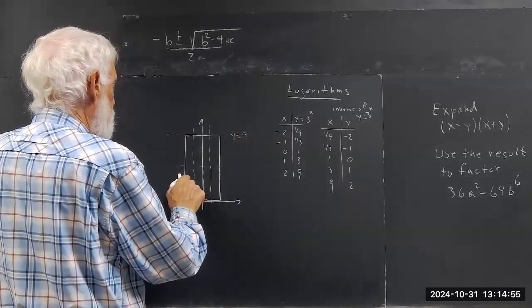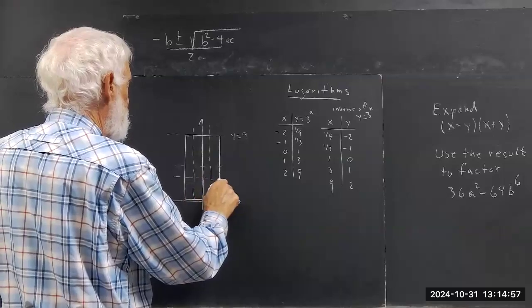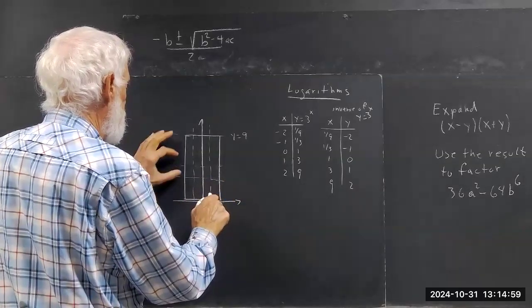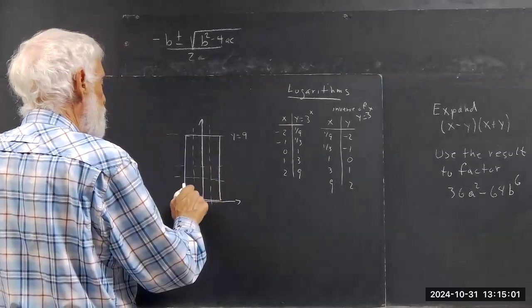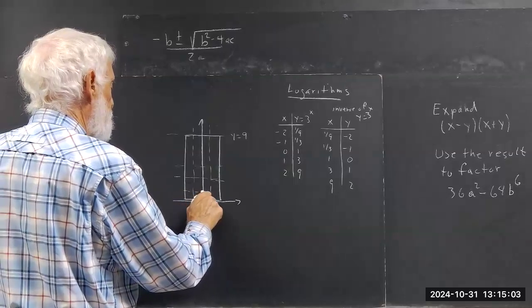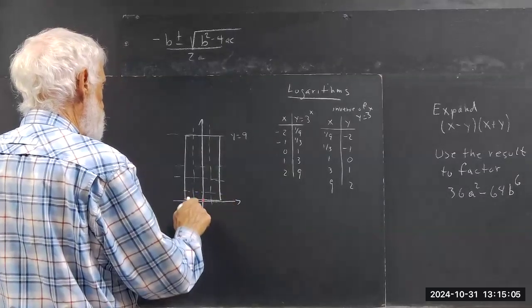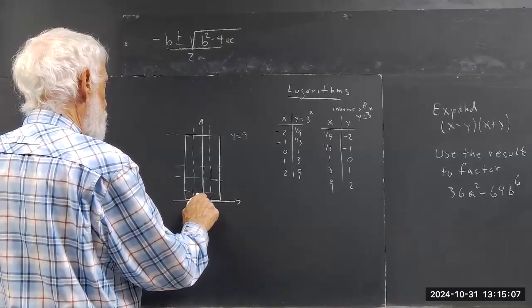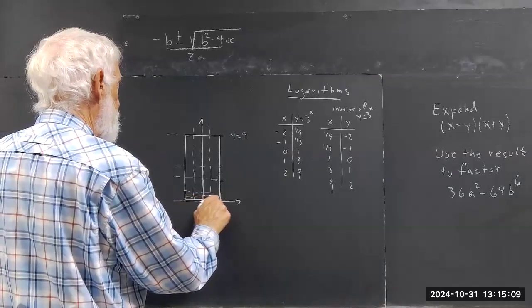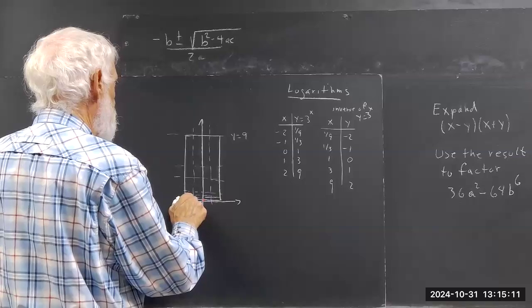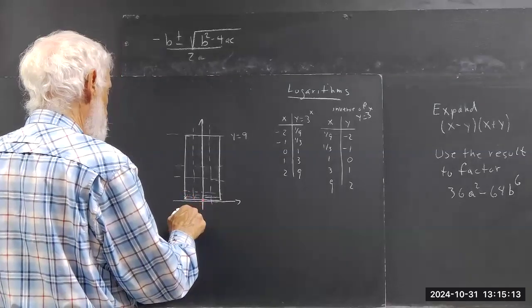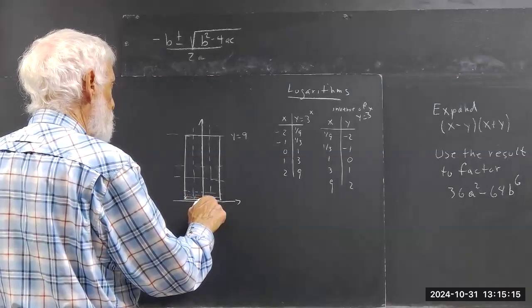That means this is about a third of 9. It's a little high. And then we do a third of that, and a third of that, and a third of that, and we end up with a point way down here.